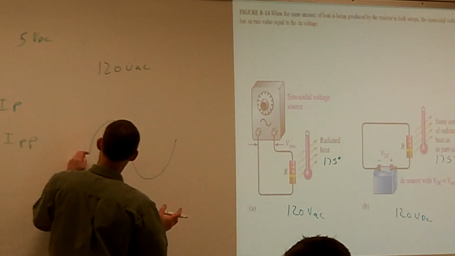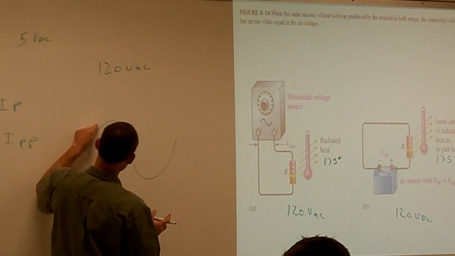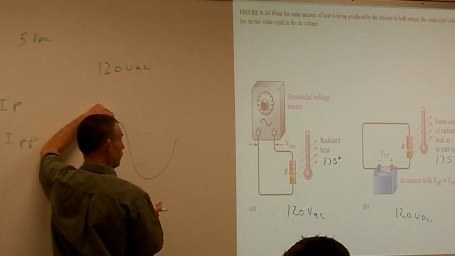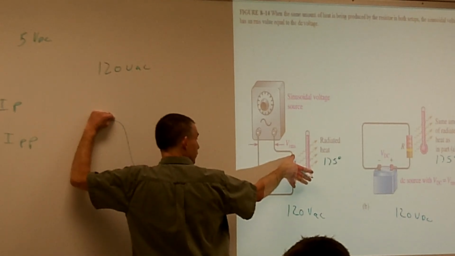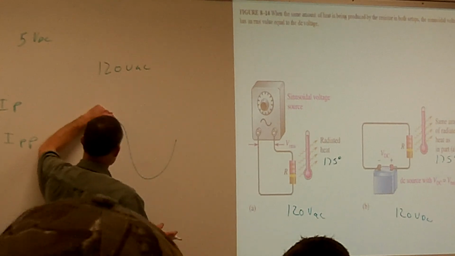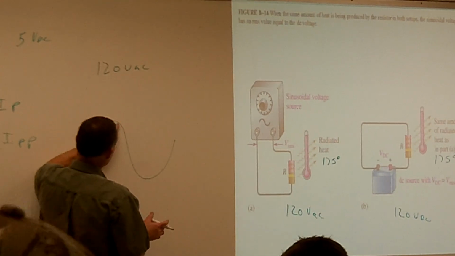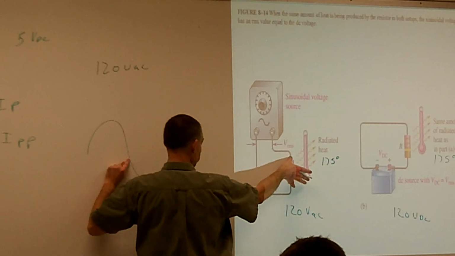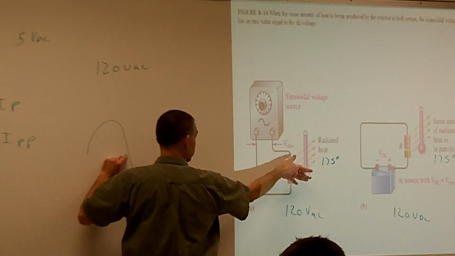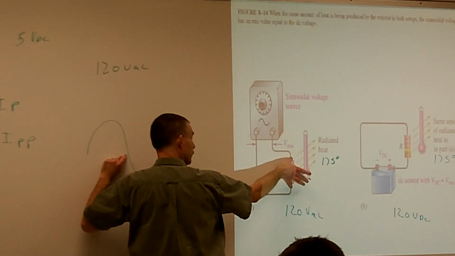Then as the amplitude increases toward the peak, the resistor is really heating up to its maximum. Then as the voltage decreases, the resistor starts to cool off, and when it gets to 0, it's turned off.